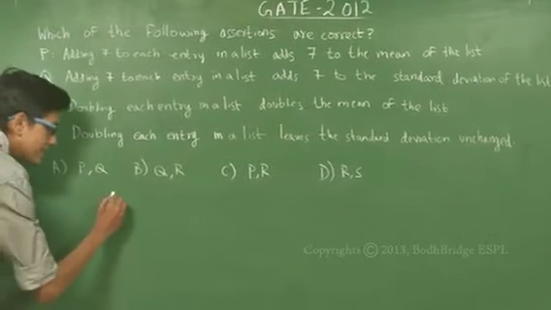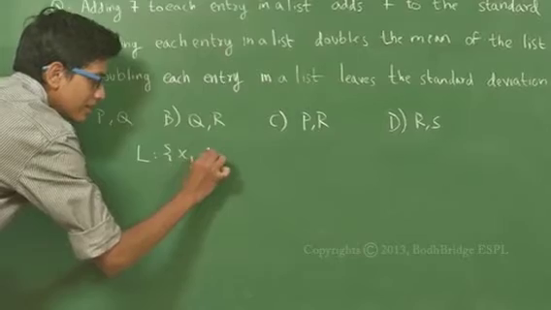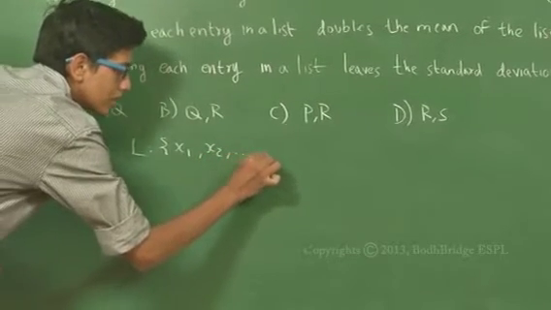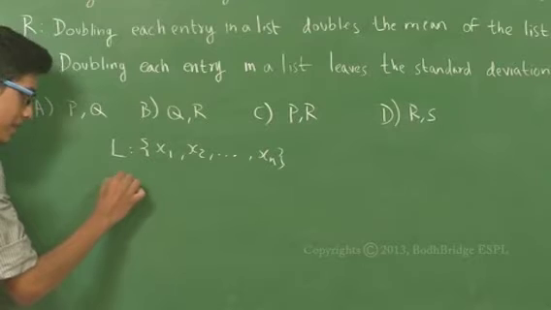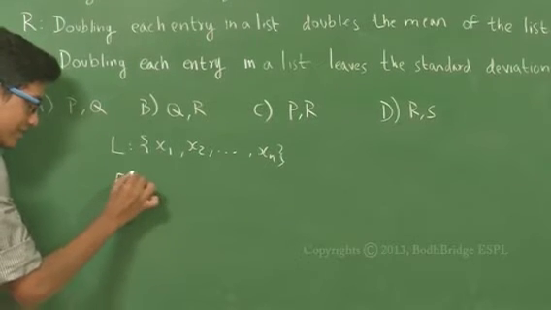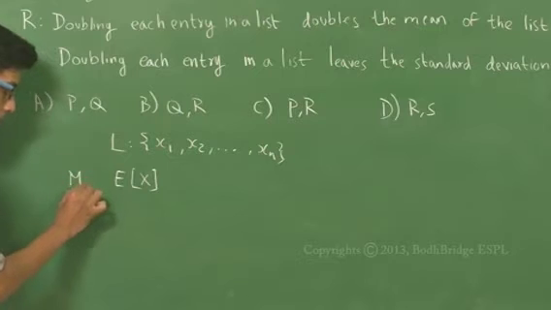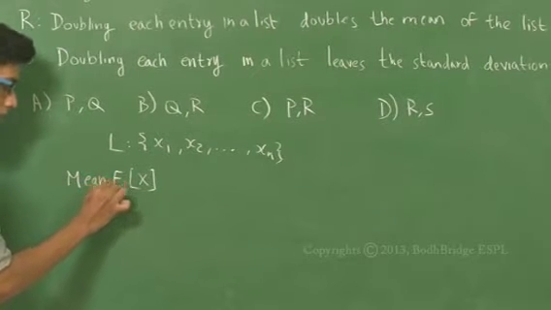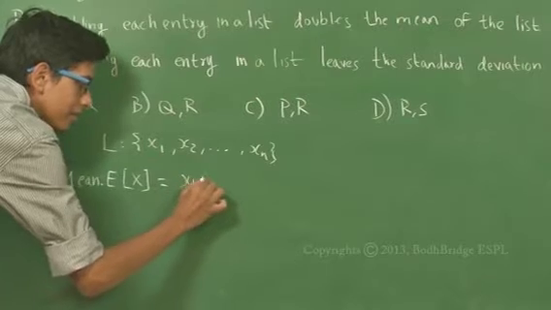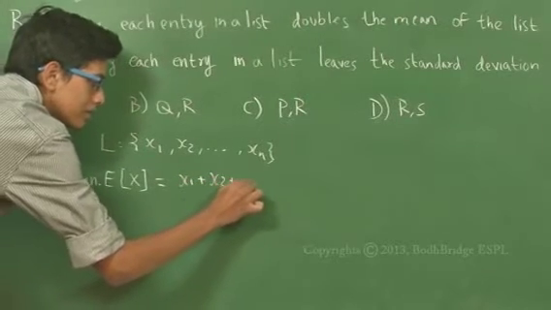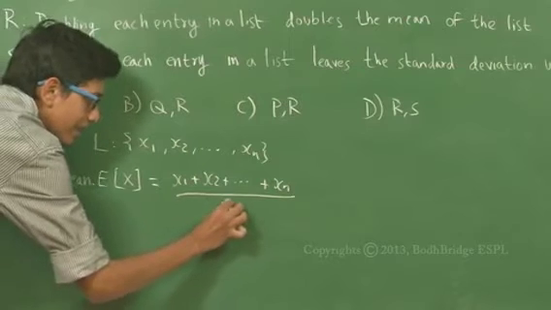So, let's take a list L which has n elements x1, x2 till xn. The mean, E of x, the expectation of x, is equal to the summation of all the elements, x1 plus x2 plus till xn, divided by n.